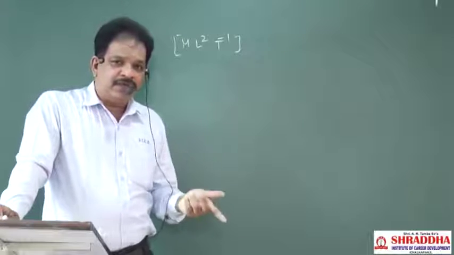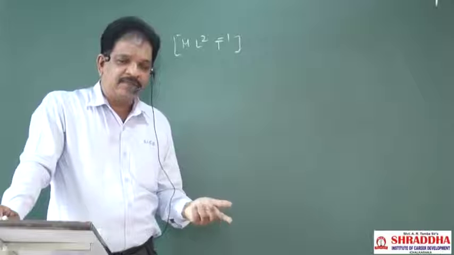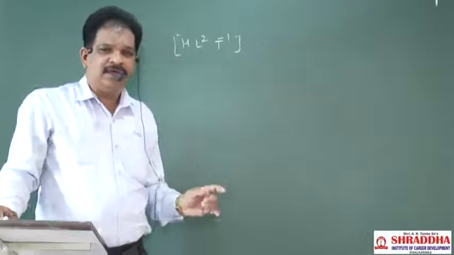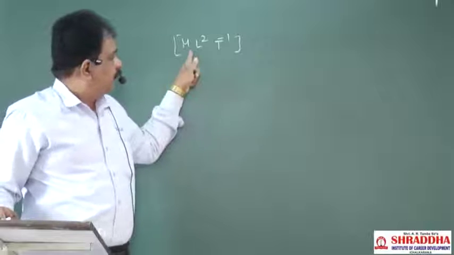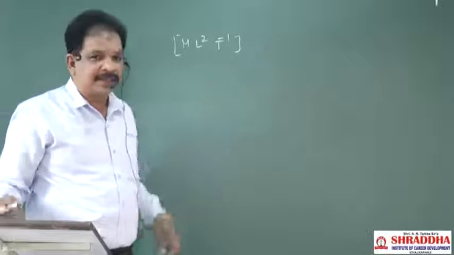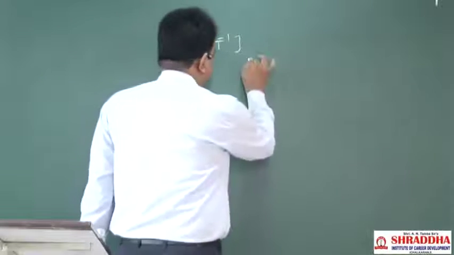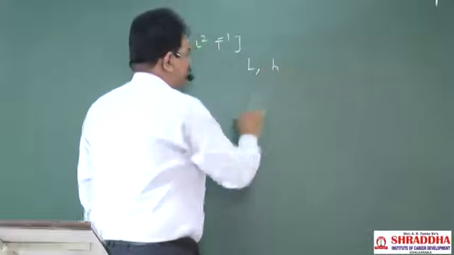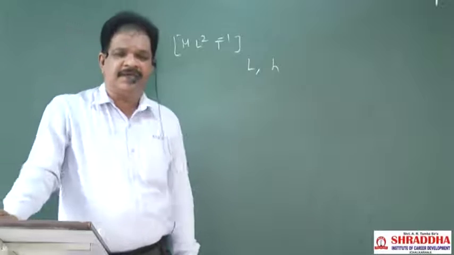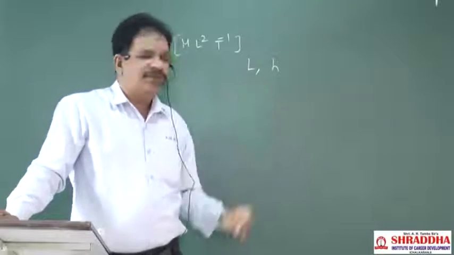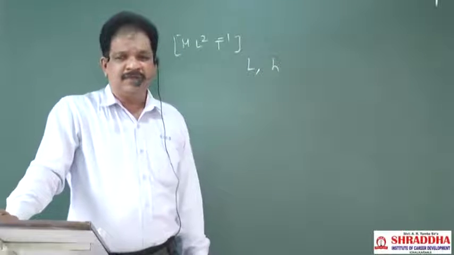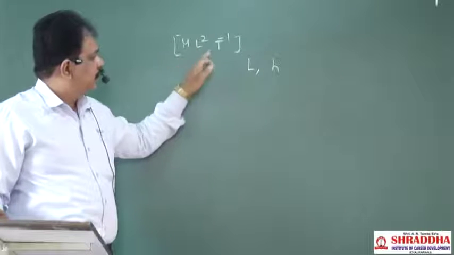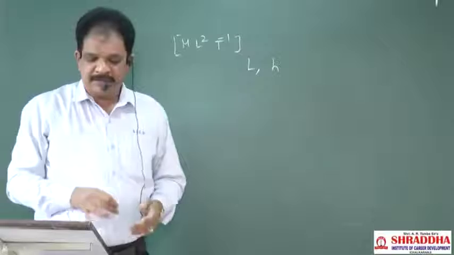Name two different physical quantities having the same dimensional formula. Then we can write angular momentum and Planck's constant. Angular momentum is indicated by the letter L, Planck's constant by the letter h. Both have the same dimensional formula, that is M L square T power minus 1.